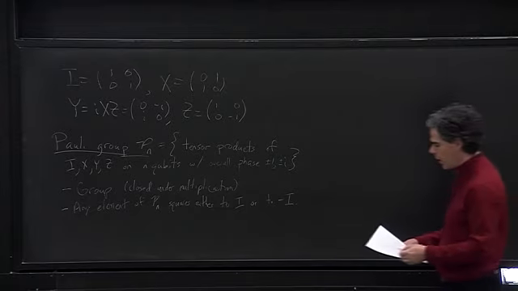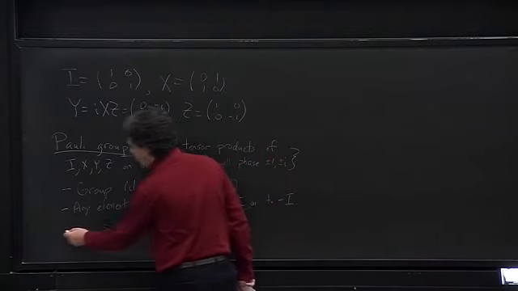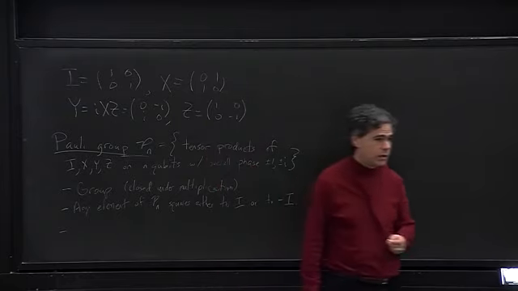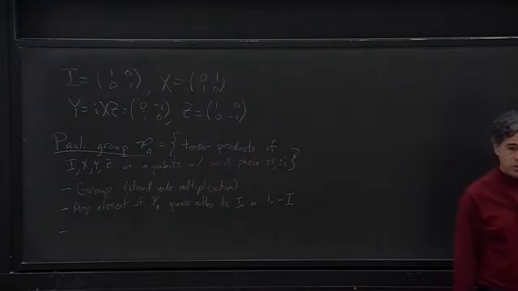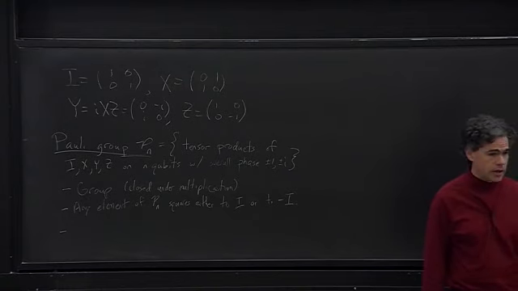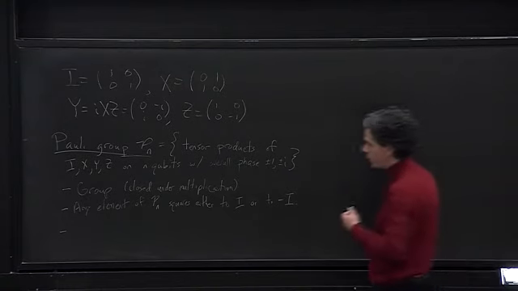And so another property of the Pauli group, which is a really important one, is that it's not an abelian group. It doesn't commute, but it's almost abelian in the sense that any two Paulis either commute or anti-commute.